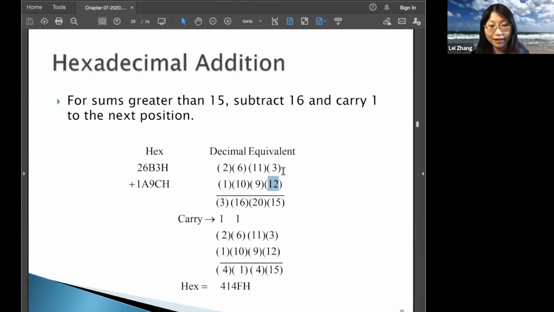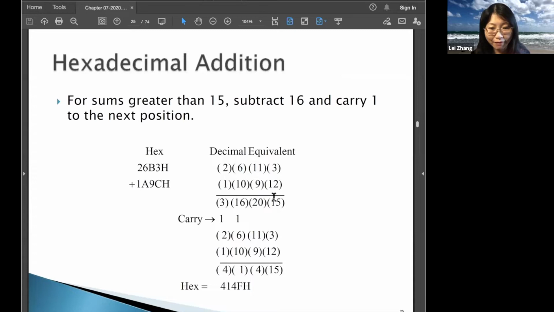The next thing is to do the addition. 3 plus 12 is 15. Again, we write it down in brackets to indicate this is the decimal value, and then we convert them all together. 11 plus 9 gives us 20. 6 plus 10 gives us 16. 2 plus 1 is 3.